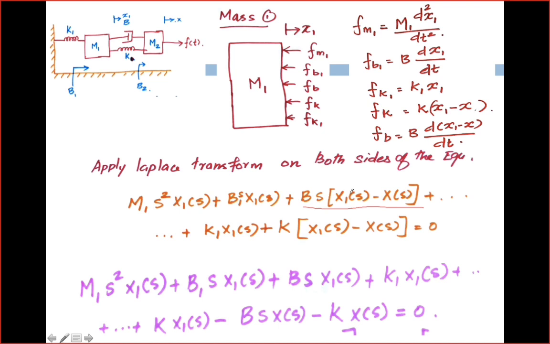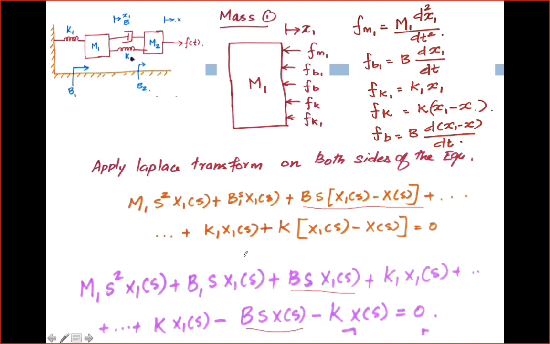You can multiply this b s inside, and you will get b s X1 of s minus b s X of s. So you have to multiply b s inside and rearrange this equation in terms of X1 of s and X of s. I simply multiplied inside and rearranged. Both equations are the same.